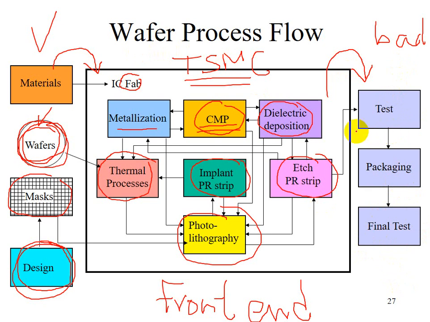Within this lecture, we are going to focus on the fab, all these processes in the front end. We're going to discuss each one of the major processes, describe how you perform this and what is the sequence for creating transistors.